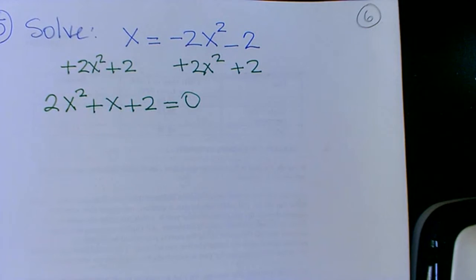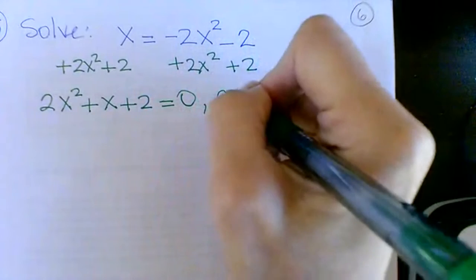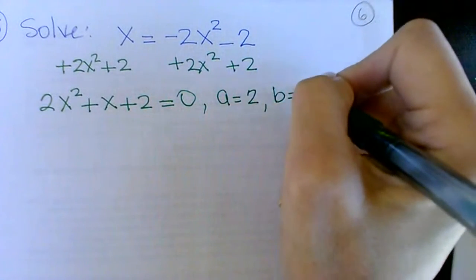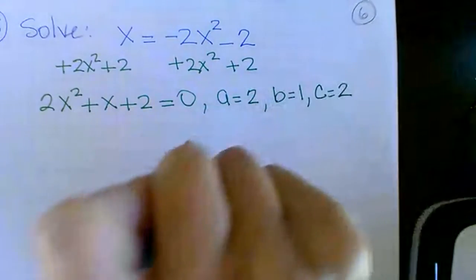You guys see that? Now, a is equal to 2, b is 1, and c is 2.